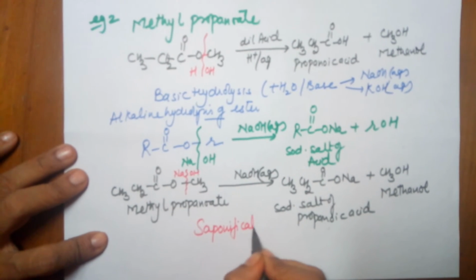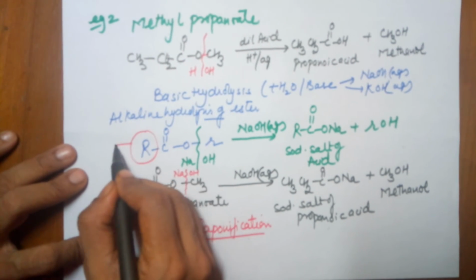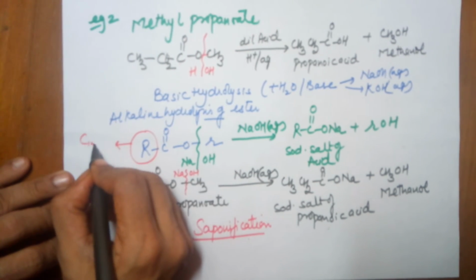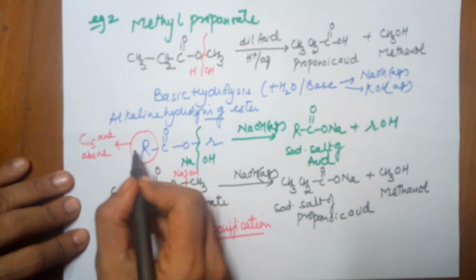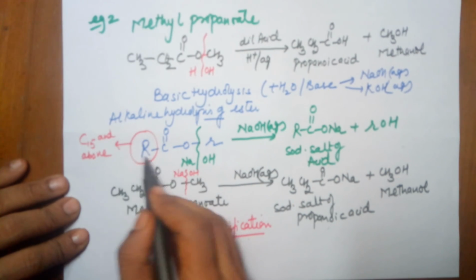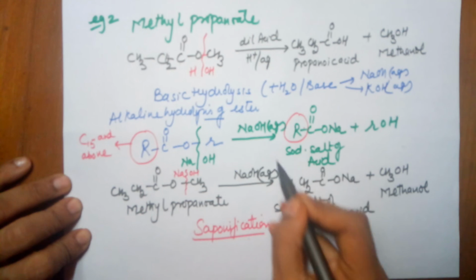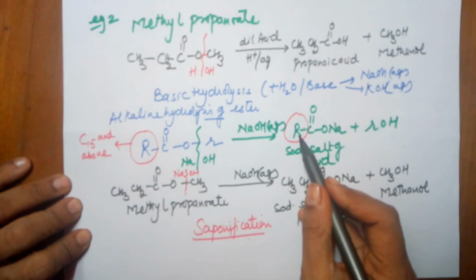Now, this particular reaction, the alkaline hydrolysis of an ester, is also called saponification reaction. Why so? Because if your R group is large or bulky, that is, it has carbon 15 and above, then it would be a sodium salt of an acid which has a large number of carbons.